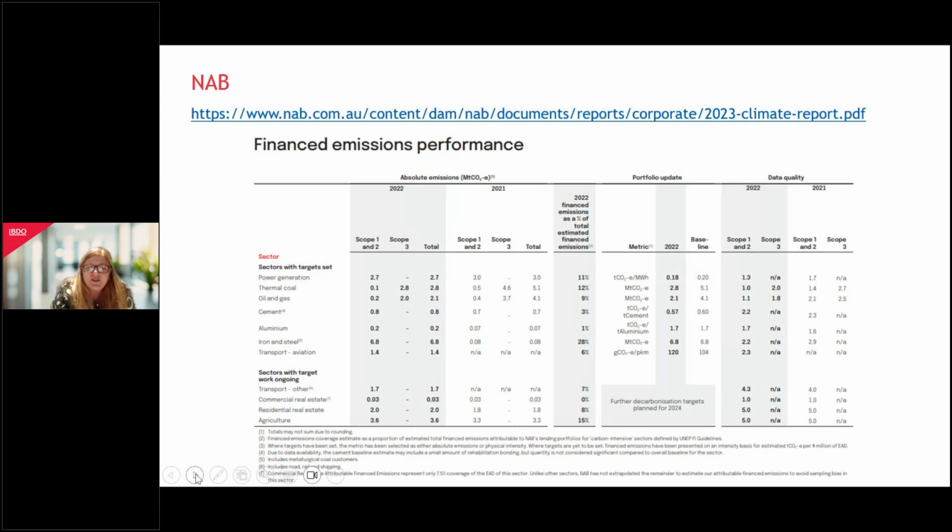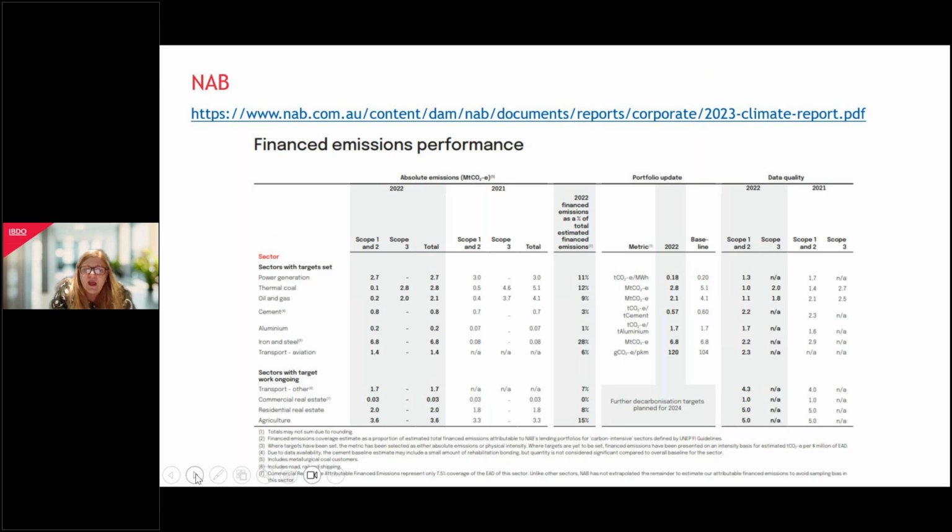So the sectors where they've got targets were power generation, thermal coal, oil and gas, cement, aluminium, iron and steel, transport, aviation. And the ones where target setting is ongoing were other transport, commercial real estate, residential real estate, and agriculture. So that's just the sectors in that first column.